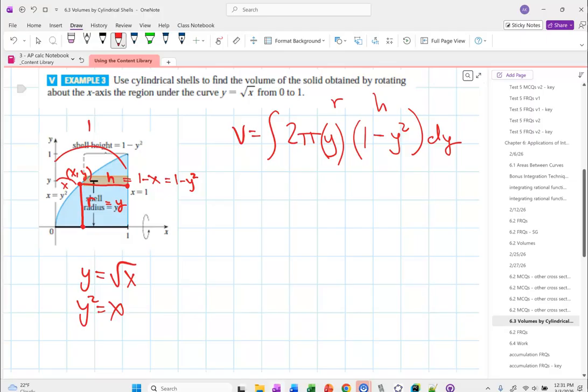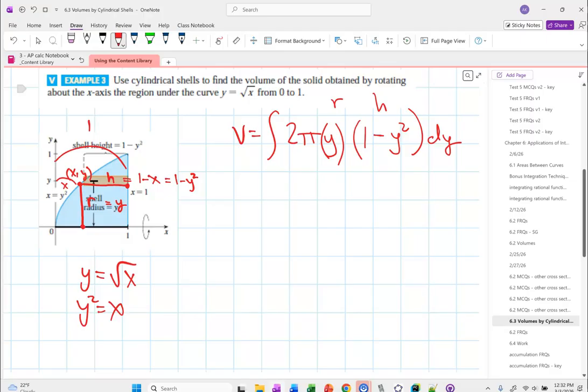So to calculate its volume, we're unwrapping it so it makes a rectangular prism. The base of it is the circumference of the cylinder, 2 pi r, times the height of the cylinder, h, times its thickness, dy. Is that a good question? If you're not sure what's happening, you ask the question, I'm happy to re-explain.